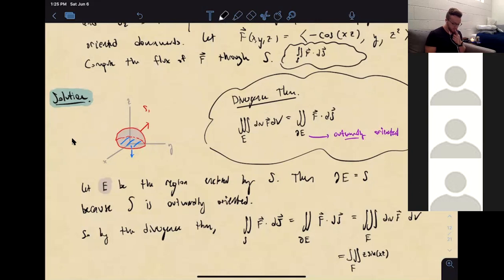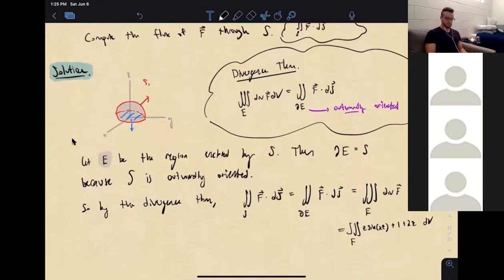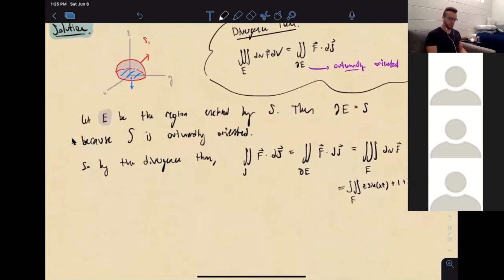And then plus the y derivative of the second component, which is 1, and then plus 2z. So that's the triple integral that we have to evaluate.